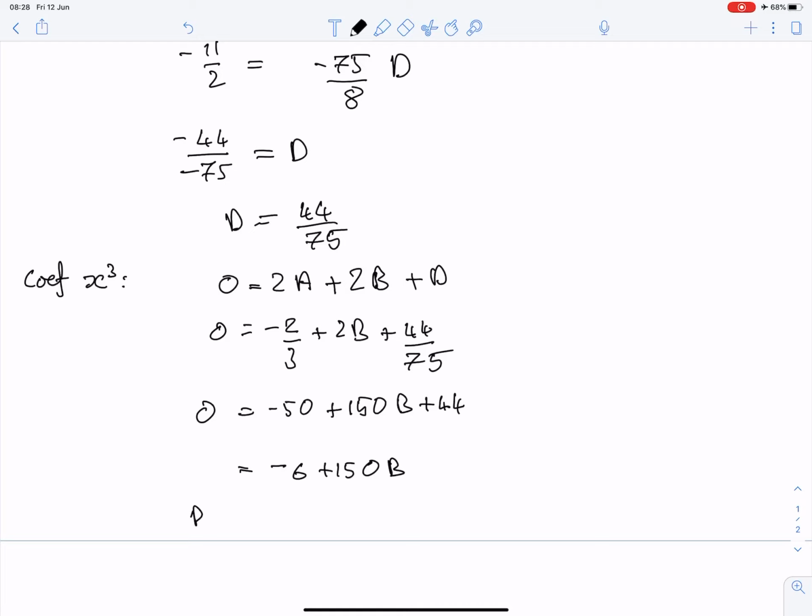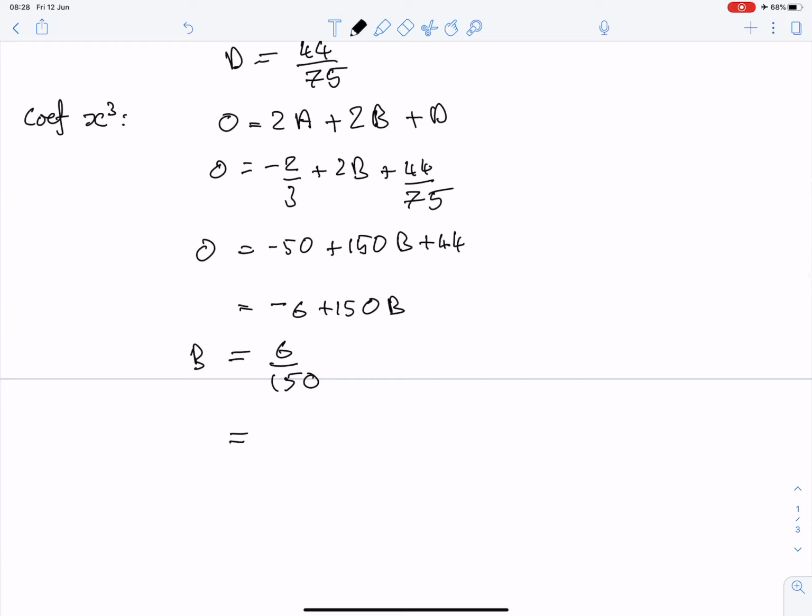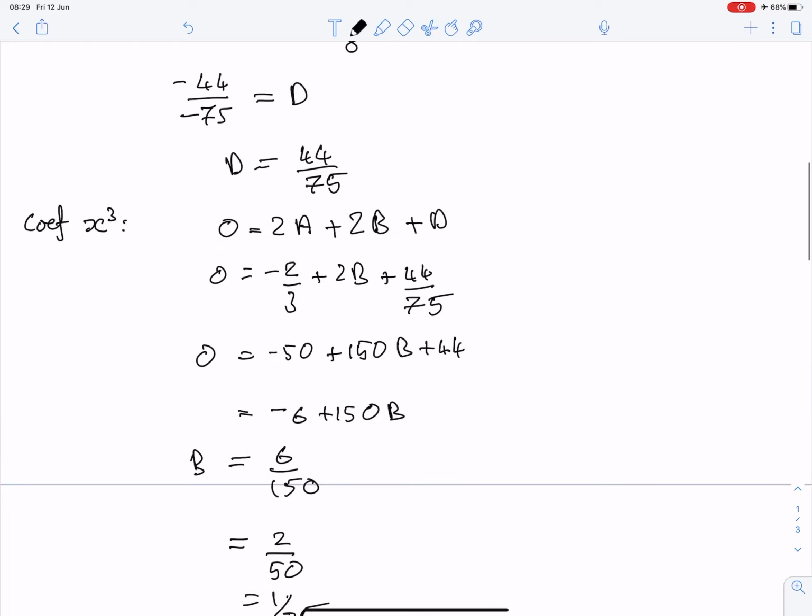So B is equal to 6 over 150, which we can simplify down to 2 over 50, which is 1 over 25.